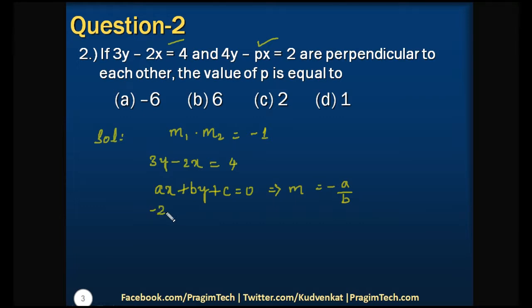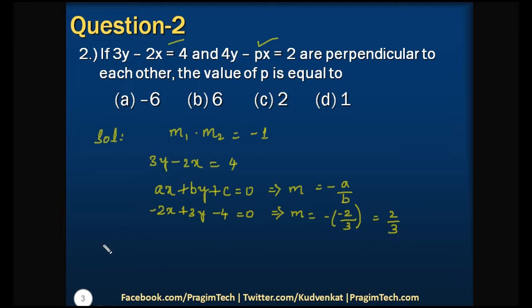Then it will be -2x plus 3y minus 4 equals 0. Therefore, the slope of the equation is nothing but the coefficient of x, that is -2, with the minus already in the formula, divided by the coefficient of y, which is 3. That is -(-2)/3, so it will be plus 2 by 3.